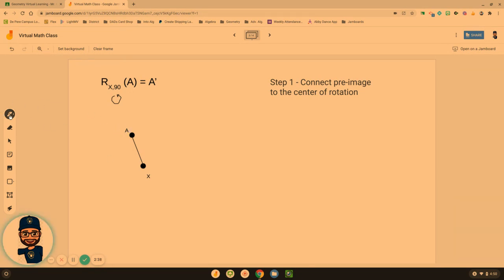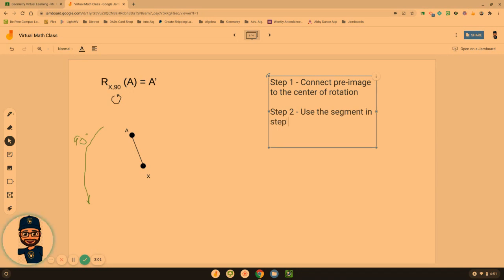Again, the goal, and I'm going to do it in a different color, is to take point A and move it counterclockwise 90 degrees in this case. So that was step 1. Step 2: use the segment in step 1 to create an angle in the correct direction.